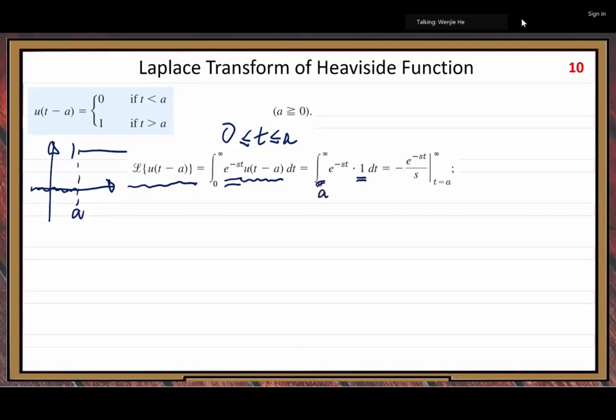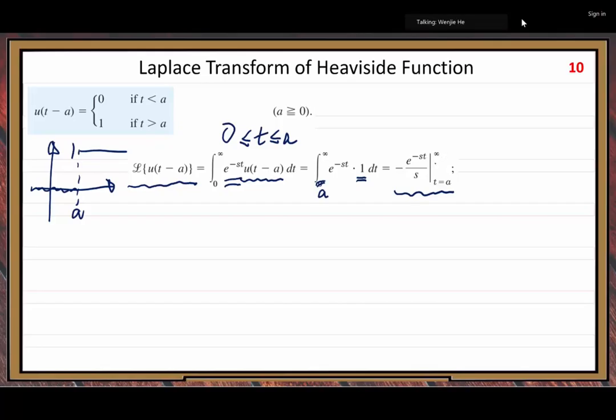This formula I copied from the textbook, so we should do a correction here, from 0 to infinity. Then we can calculate the integral, with the lower limit t at A. Then you can calculate the limit at infinity easily.